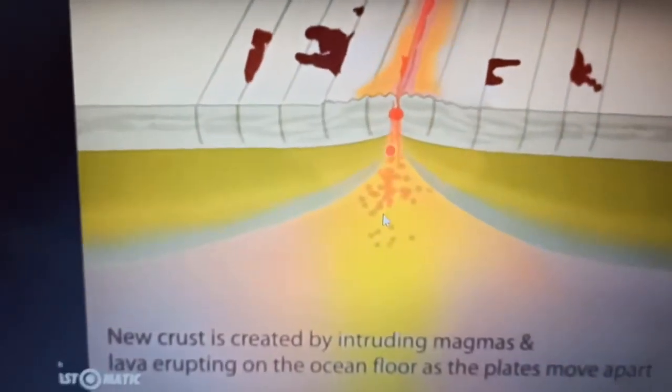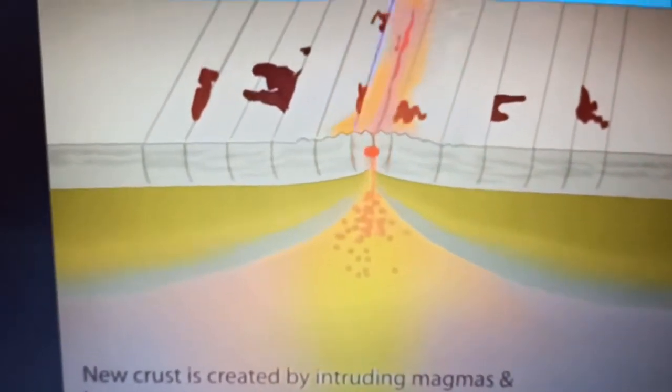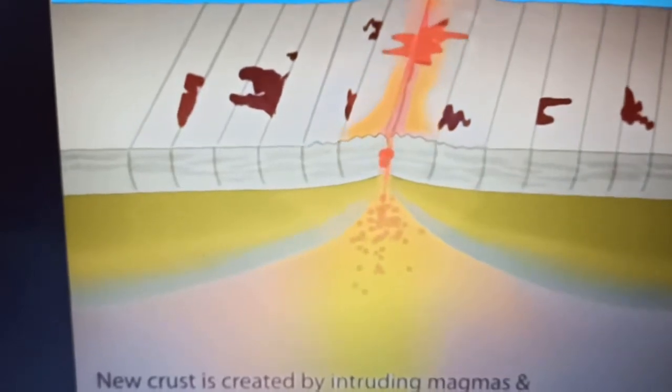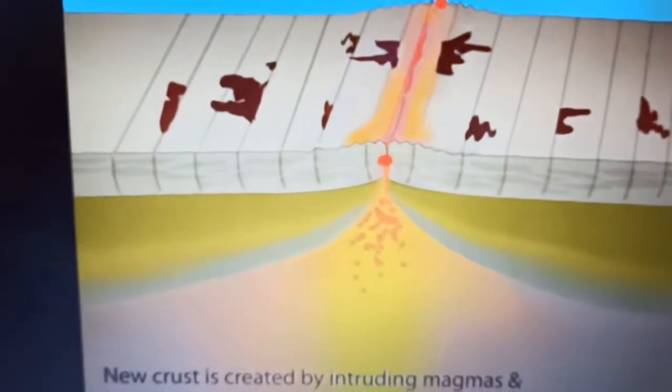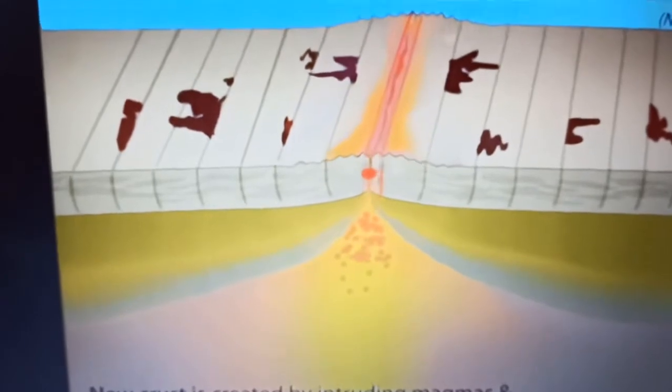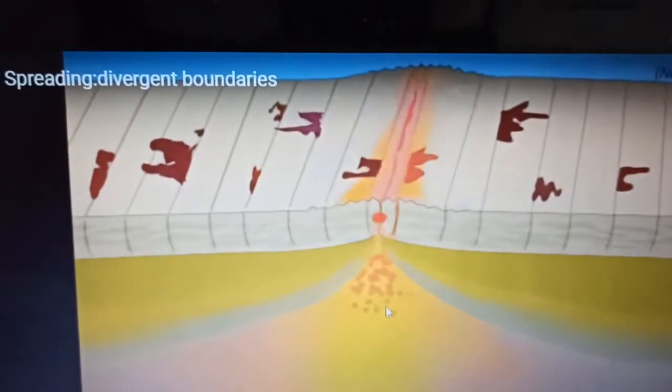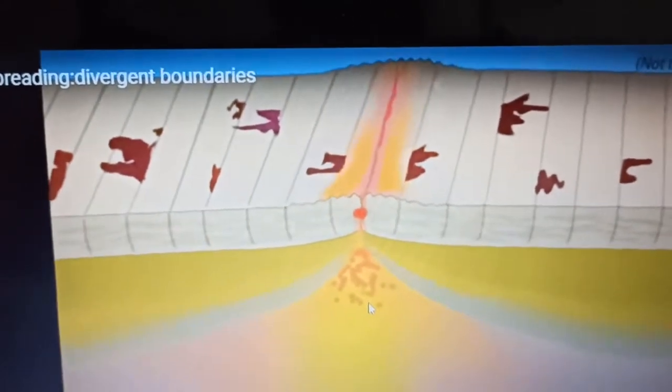The new crust is created by intruding magmas and lava erupting on the ocean floor as the plates move apart. The plates diverge at about 3 to 10 centimeters per year.